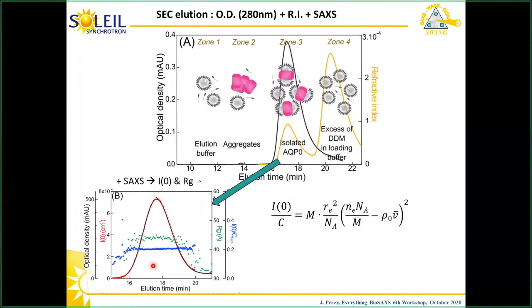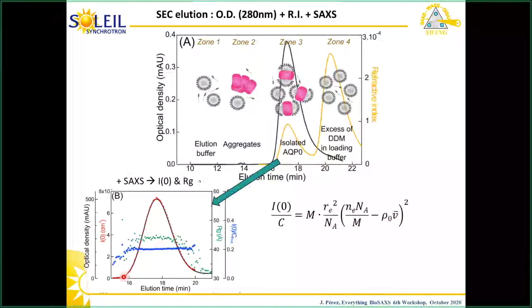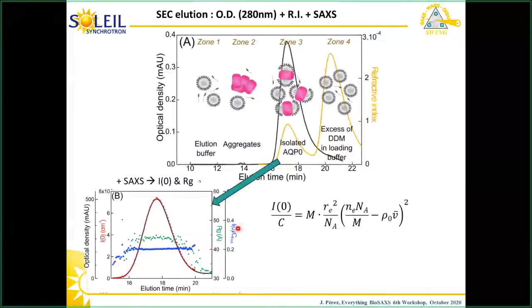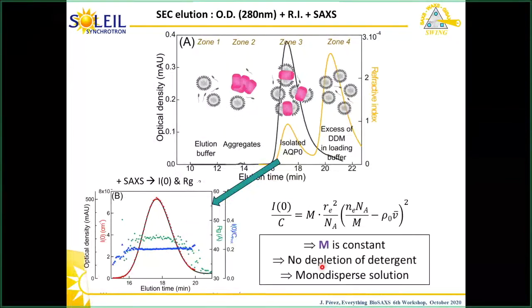So you can see that there is a perfect superposition of I0 over OD, whose consequence is that the blue line is very flat. That means there is no depletion of detergent throughout the peak. So we truly have a monodispersed solution here.